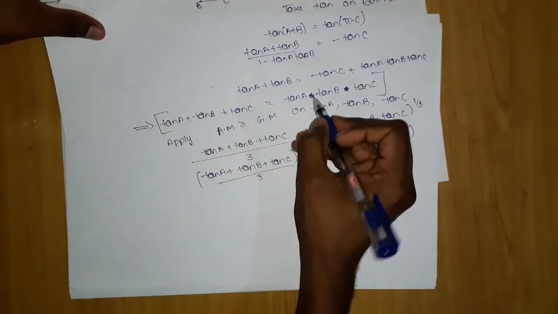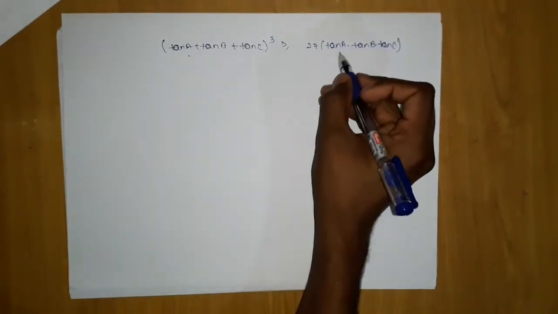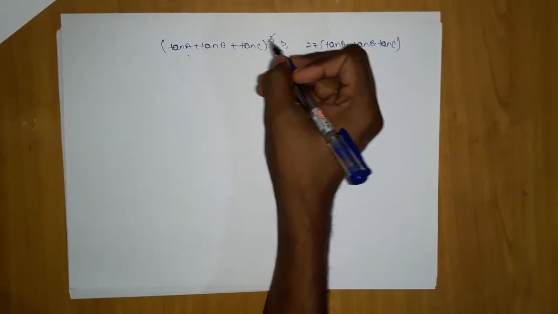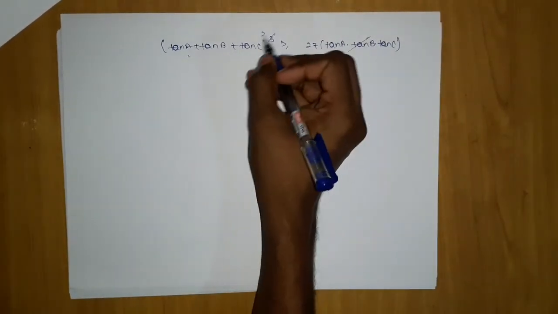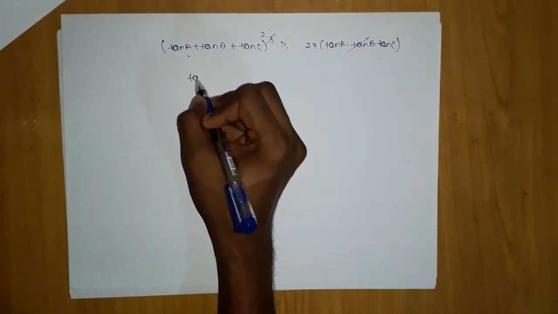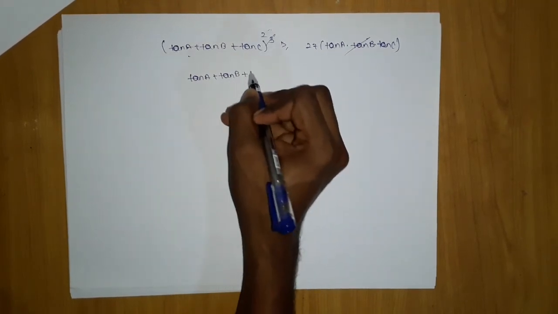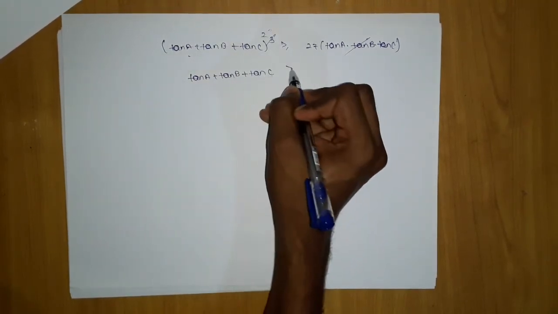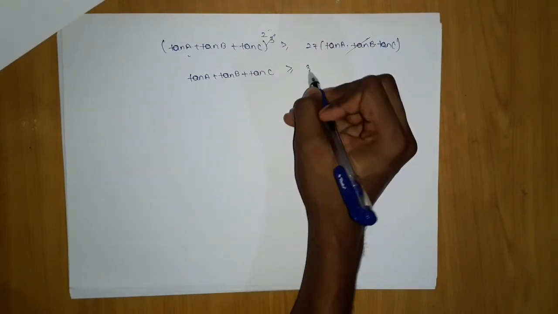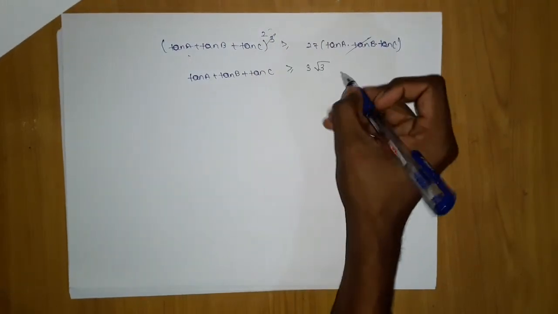So can I write this thing as this? So if this is this, one power will reduce and this will become square, and this will cancel out, giving me finally tan A plus tan B plus tan C is greater than or equal to, if I move the square here, 3 root 3. Hence proved.